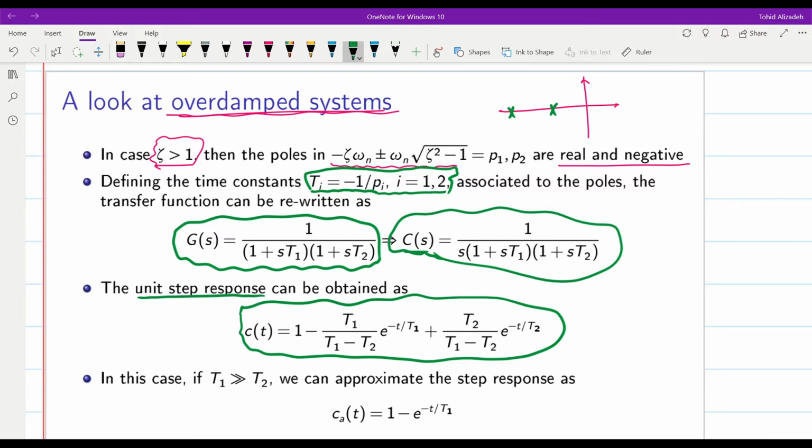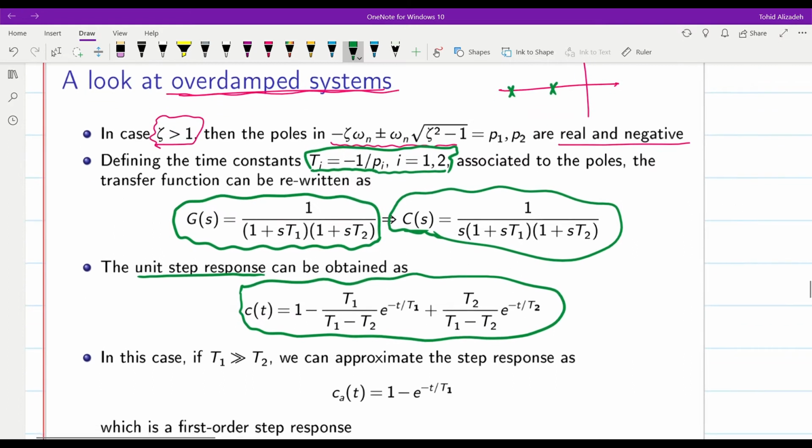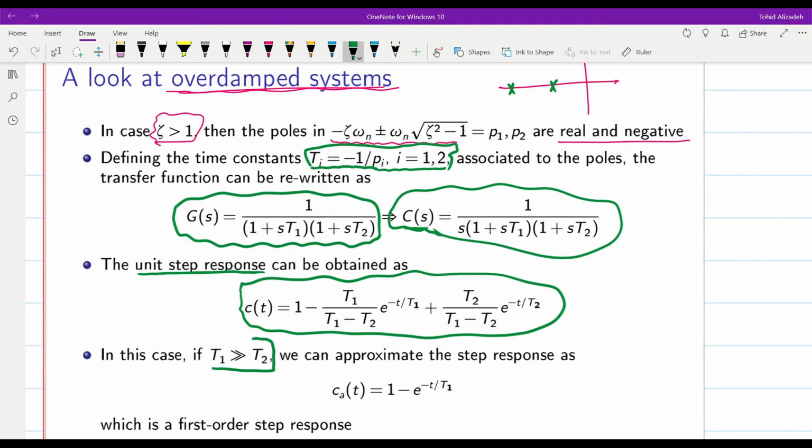Then for the overdamped case, if we assume that T1 is much bigger than T2, this means that T1 minus T2 is much bigger than 0. And then we can rewrite what we have over here.